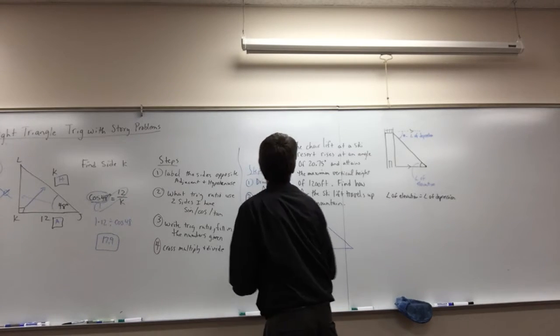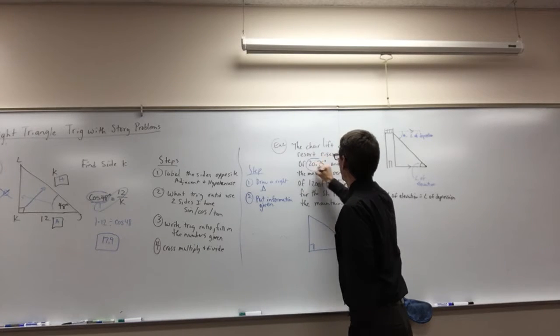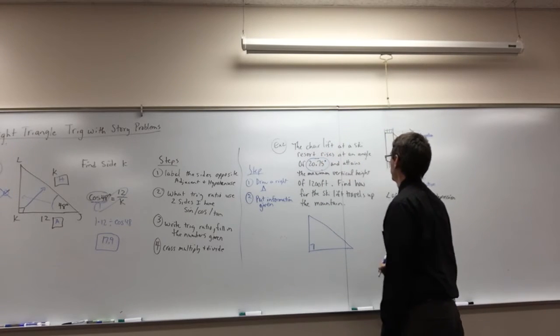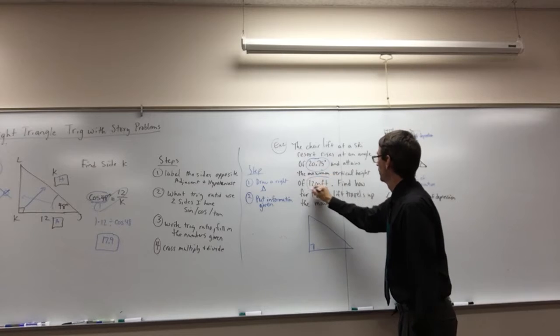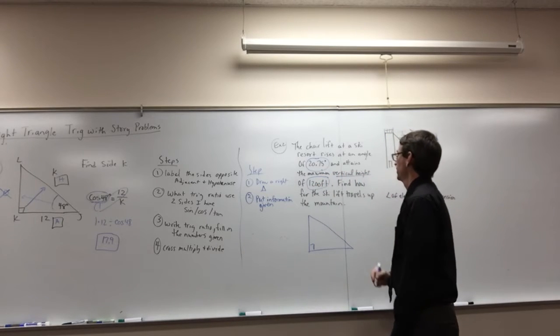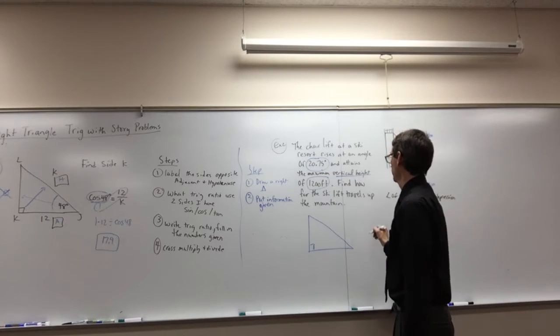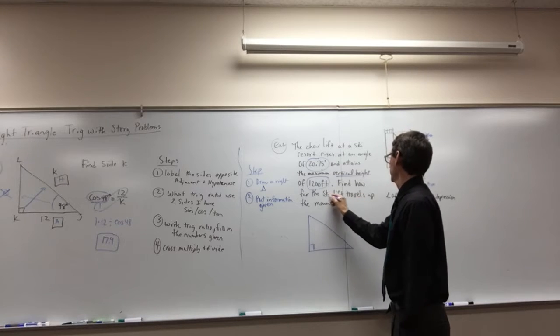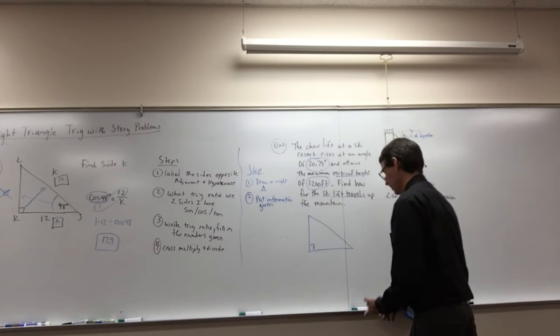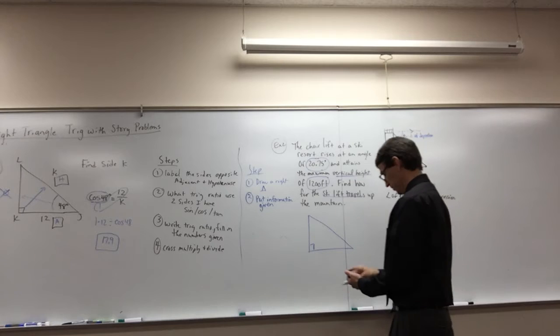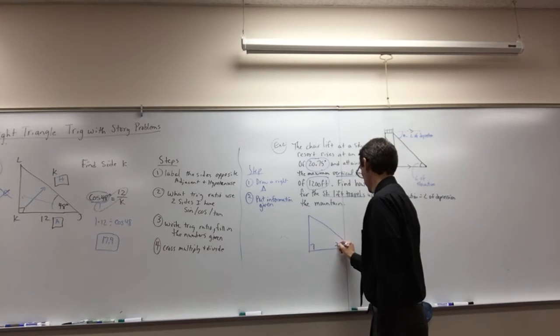So in other words, we were given an angle of 20.75 degrees. We were given a vertical height of 1,200, and then we're trying to find out how much the ski lift travels up the mountain. So the first thing I'm going to do is put the numbers on. The angle goes in this lower corner.